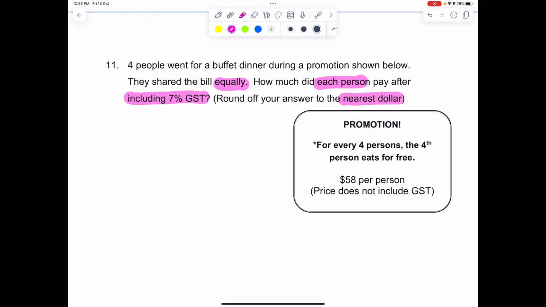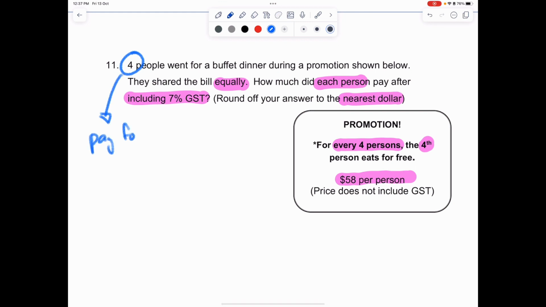So there are a few things that you need to do. Now, it says here, for every 4 persons, the 4th person eats for free. And it's $58 per person, not including GST. So even though we know that there are 4 persons eating, we only need to pay for 3, because it says for the 4th person, it is free.